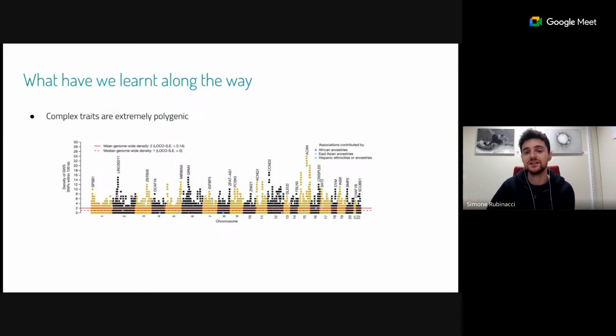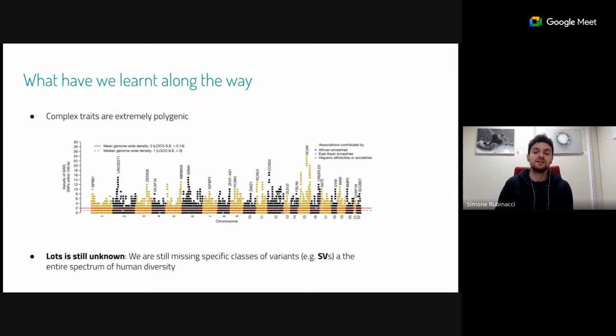And unfortunately, these associations are harder to individually interpret, and this is how polygenic traits behave. And finally, we learned that there is still a lot to learn. For example, we have only a small representation of the whole spectrum of human diversity, and we miss key classes of variants. And I will come back to this in the second part of the talk.